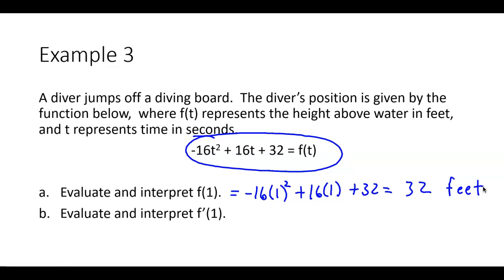Now, the next one, though, is asking me to find and evaluate f prime of 1. That's a different thing, right? That's an instantaneous velocity. So first of all, let's find f prime. Let's write our answer. At t equals 1, the diver's height is 32 feet.